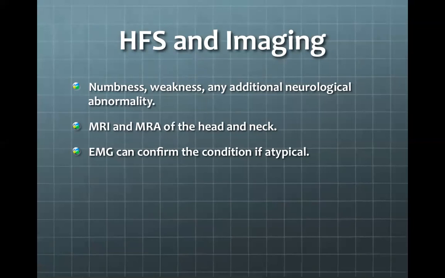The best imaging is a combination of MRI and MRA of the head and neck. Sometimes to confirm the diagnosis, you need electromyography, which will show high bursts of action potentials from the muscle involved.